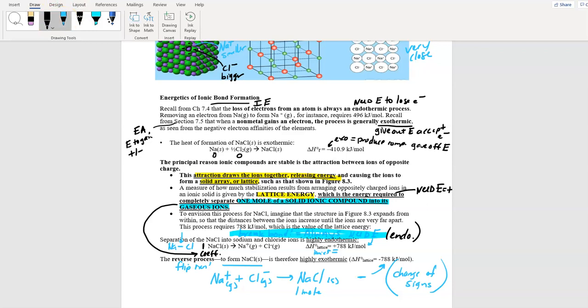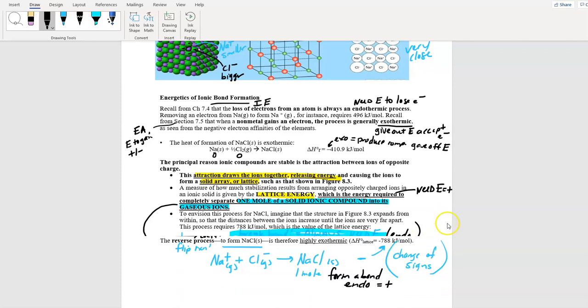But anytime you form a bond, it is exothermic, and that energy will be negative. So hopefully, ladies and gentlemen, you see the difference of forming bonds or breaking bonds. It's always a reverse process, endothermic versus exothermic.